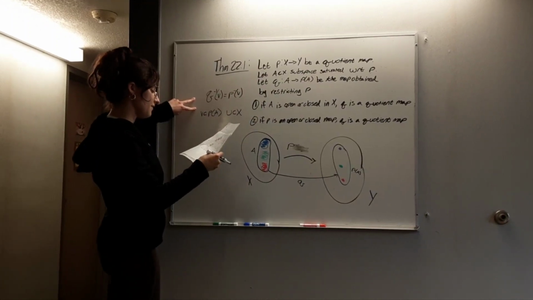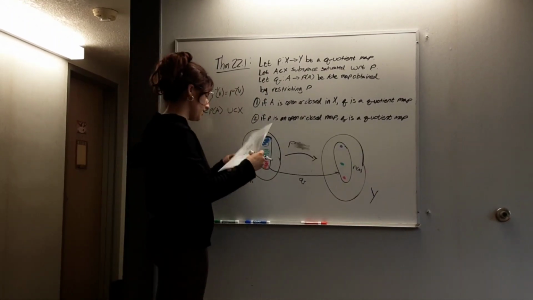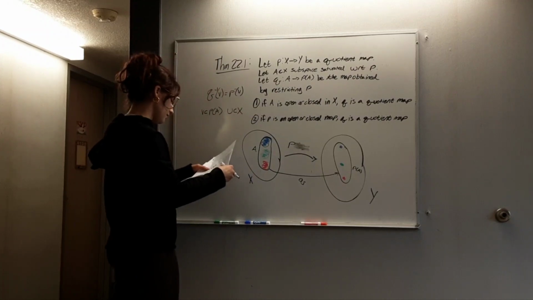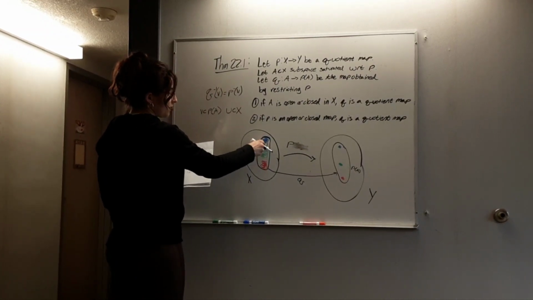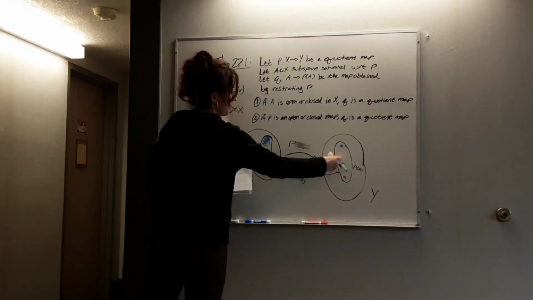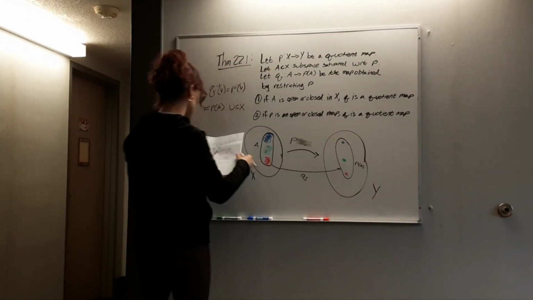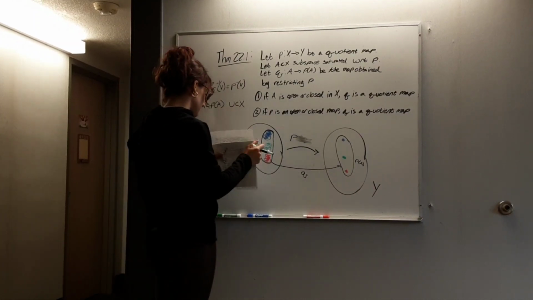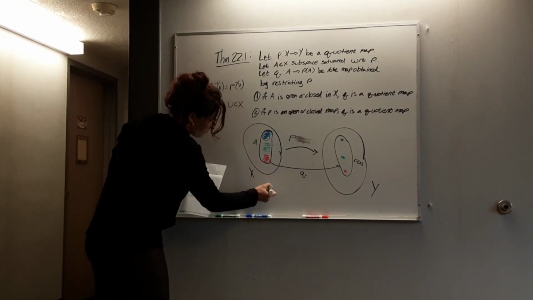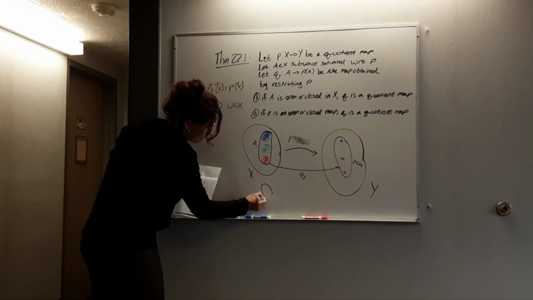So a visualization of this is going to end up being, suppose we take the green and the blue in X and the green and the blue in Y, and we're going to make those p inverse of V and V respectively. So I'll draw it down here.